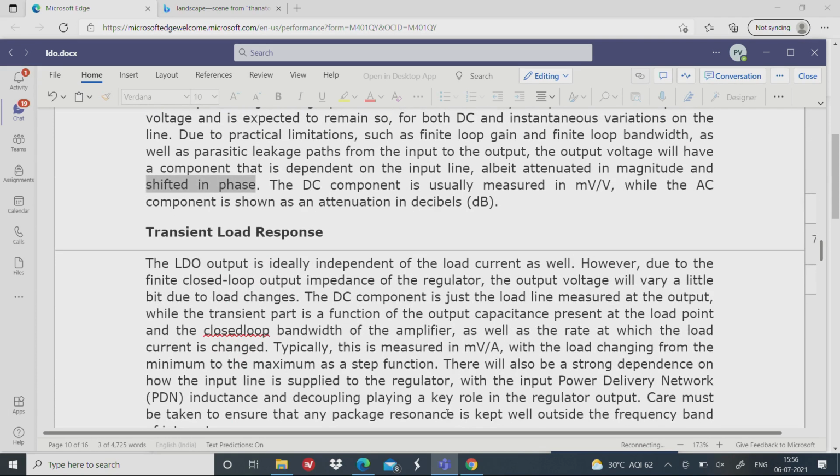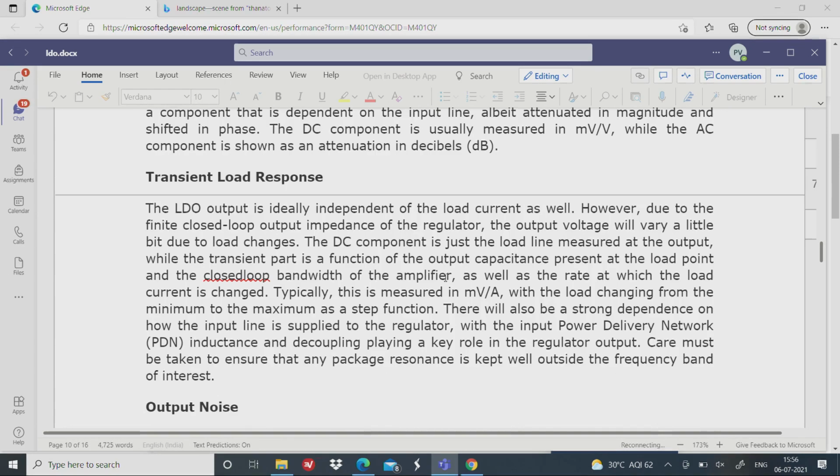Now you can talk about just the output, which is the transient load response. Here the units of that are typically millivolt per amp, okay. Now ideally, the output of the LDO should never change for any load current, okay. But that is again incorrect, because you have a finite closed loop output impedance of the regulator. It is not an infinite output impedance, no, it is a closed loop output impedance, a finite number, okay.